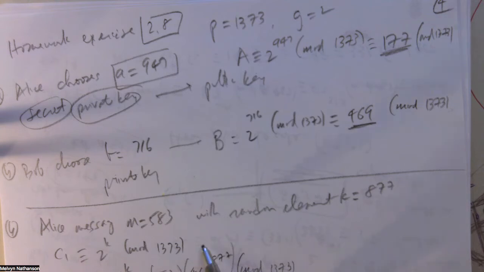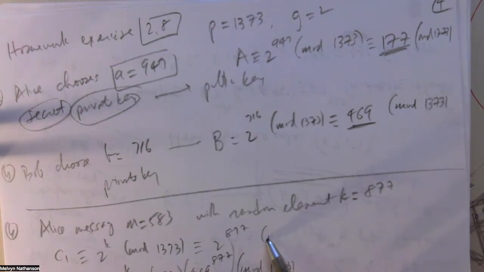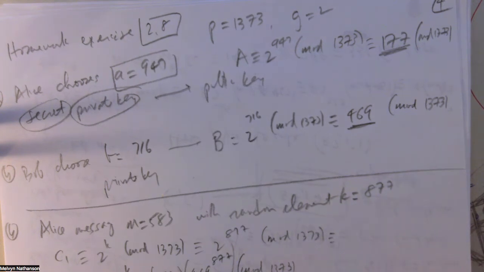So what are these numbers? 2 to the K, this is 2 to the 877 mod 1373. What is that? I'm just going to use Maple to calculate it. Two to the 877 mod 1373 is 719.